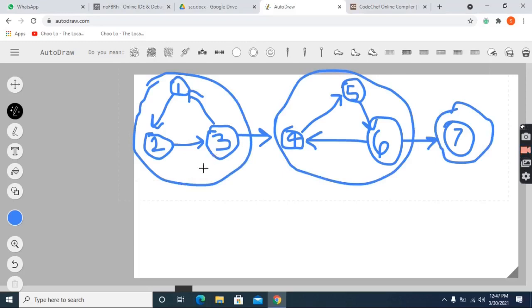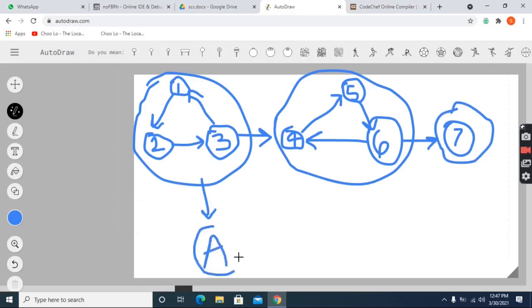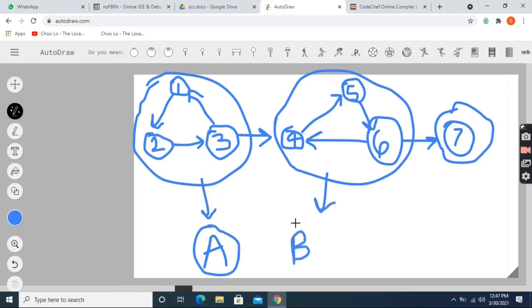So let us take a strongly connected component and represent it by just one vertex. Let's say vertex A. So what I'm doing is I'm creating another graph just to demonstrate, and in this graph each strongly connected component of the original graph is represented by just one vertex. So this connected component is A, this connected component will be, say, vertex B, and this will be C.